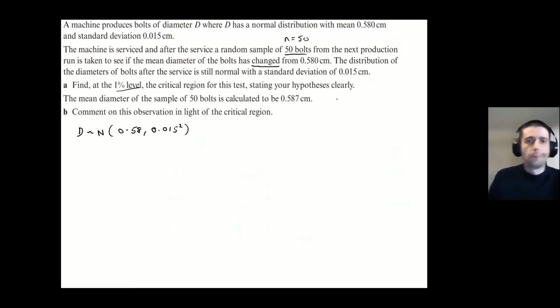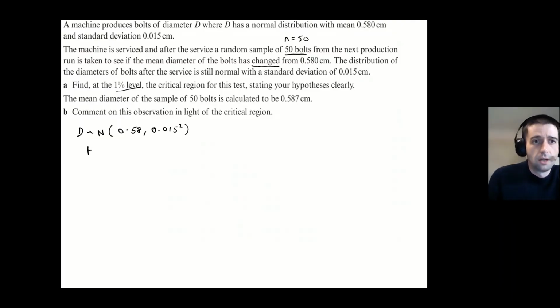Now first off, we've got a hypothesis test at 1% significance level, and the key word we've got to identify in this question is the fact that it's changed. We haven't been told whether we think it's changed and increased or changed and decreased. So the fact that it just says changed means that this is a two-tailed hypothesis test.